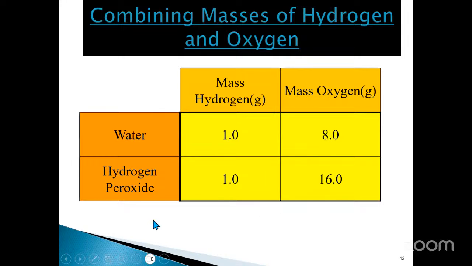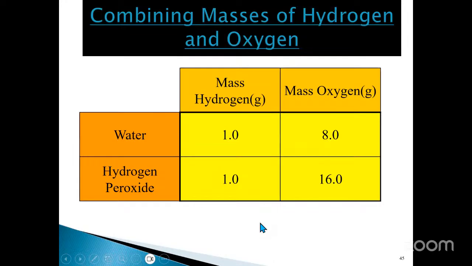What you're going to find is that the mass of the oxygen, provided that the mass of the hydrogen is the same, when you compare these two compounds, would be in a small whole number ratio. In this case, it would be a 2-to-1 ratio. All right? And that is true for every compound that has different combinations of the same elements, right?